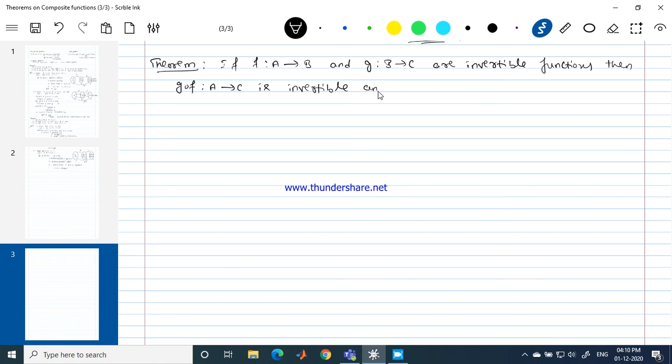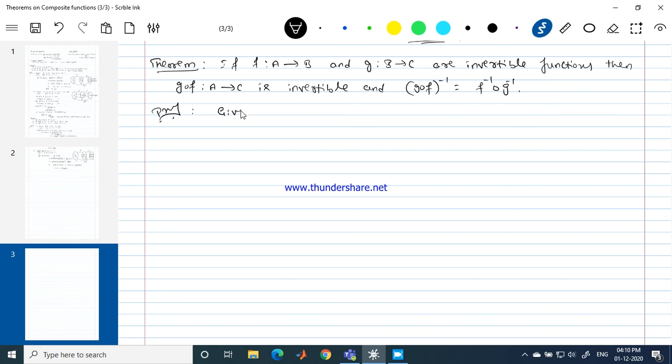And F composition G whole inverse is equal to G inverse composition F inverse. It's a very simple result again.